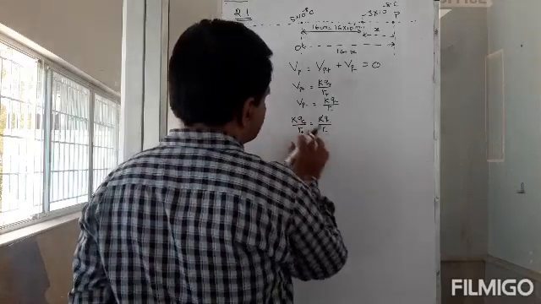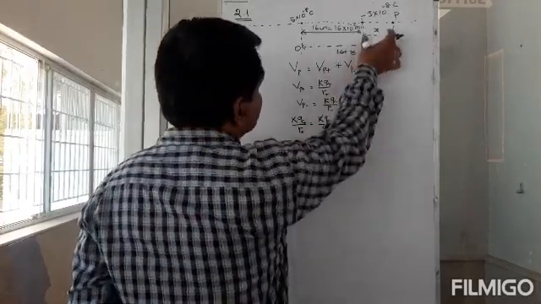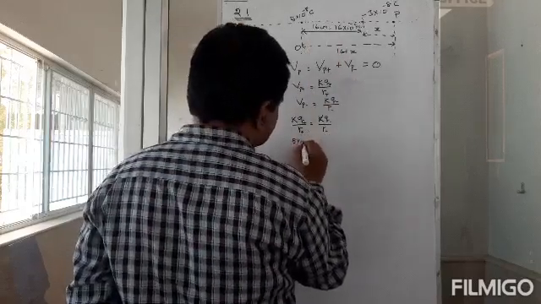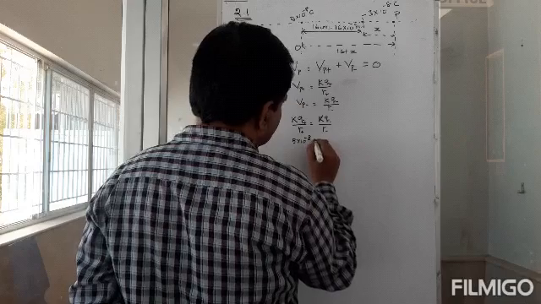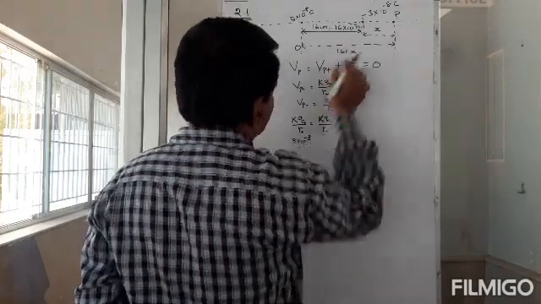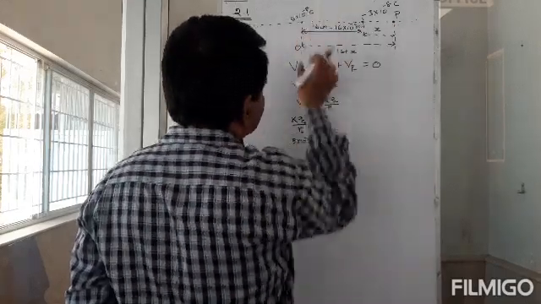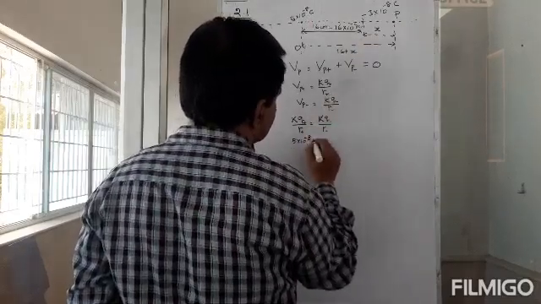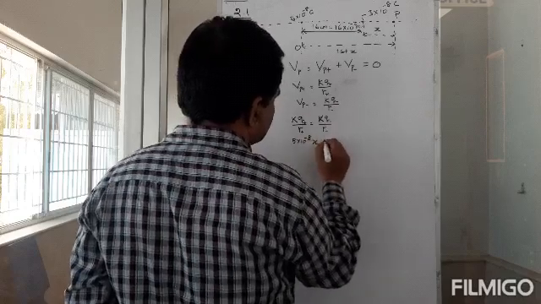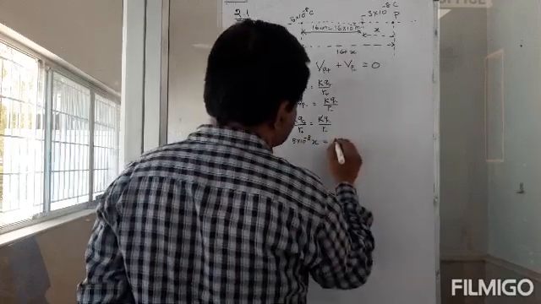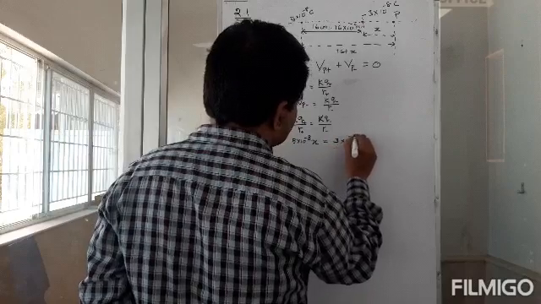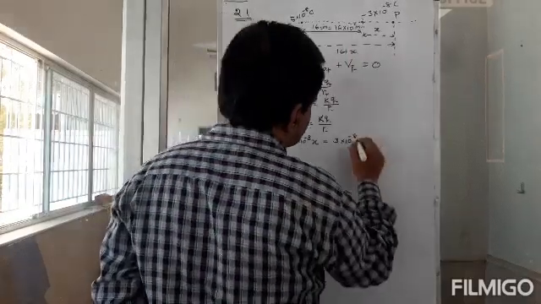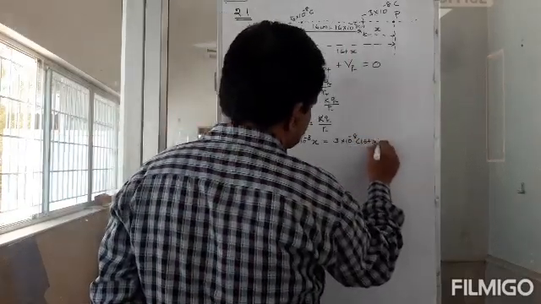So what is R minus? Just x, right? Q plus is 5 into 10 power minus 8 coulomb and R minus is this x. Q minus is 3 into 10 power minus 8 into R plus, which is 16 plus x.